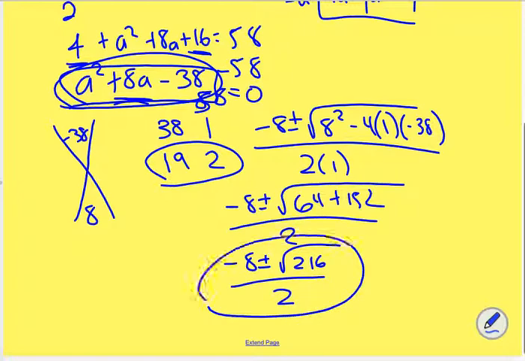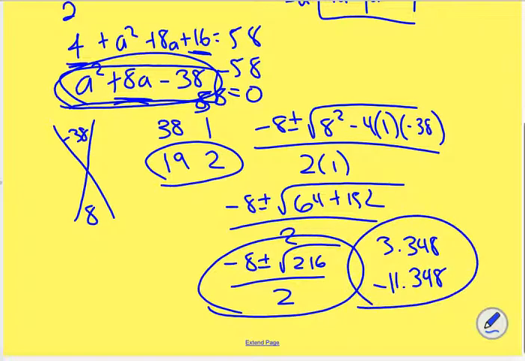If you want to leave it like that, I'm fine with that. If you want to run the decimal, that's fine too. So one of my answers will be 3.348. The other one will be negative 11.348. So those will be my answers.